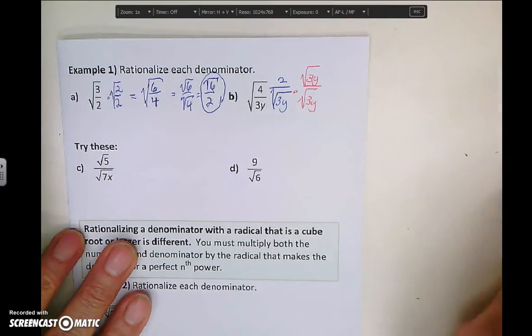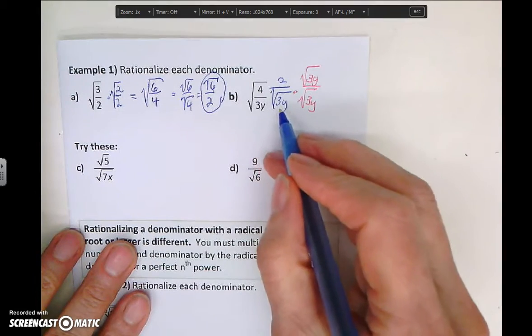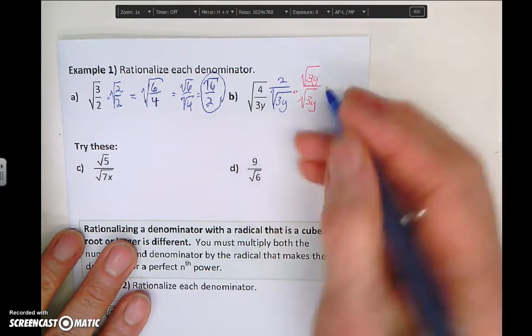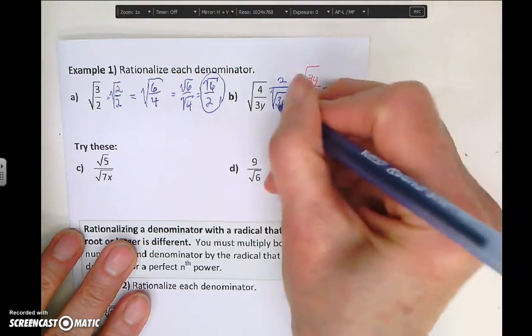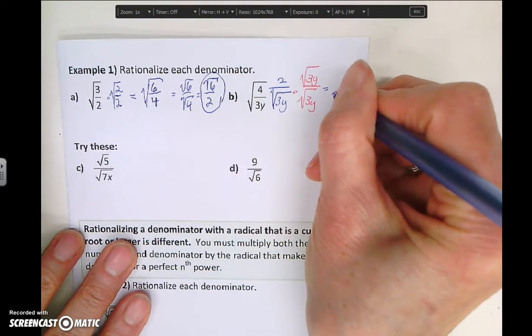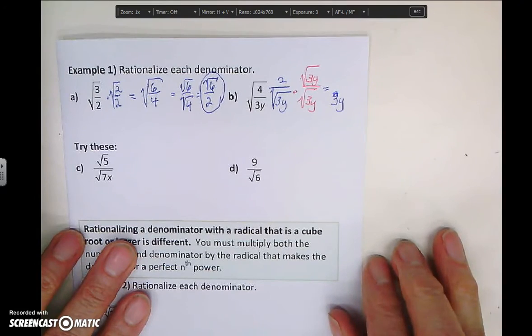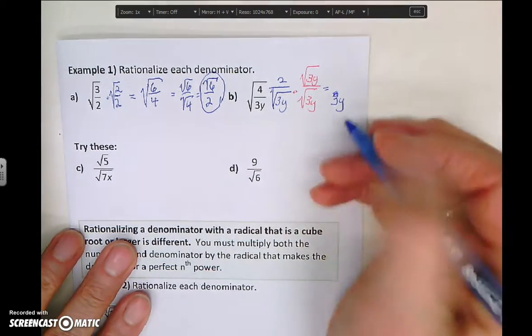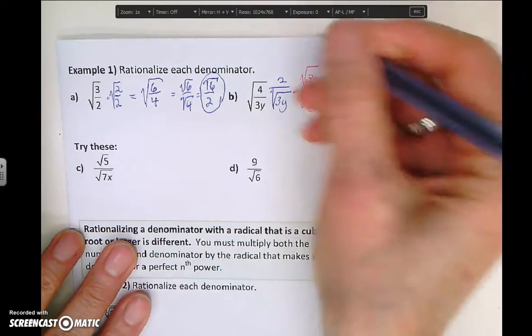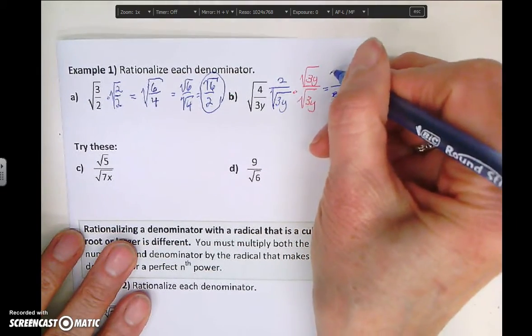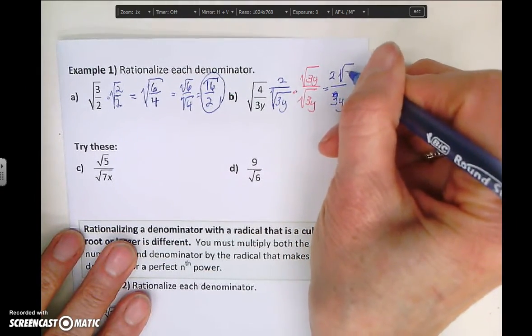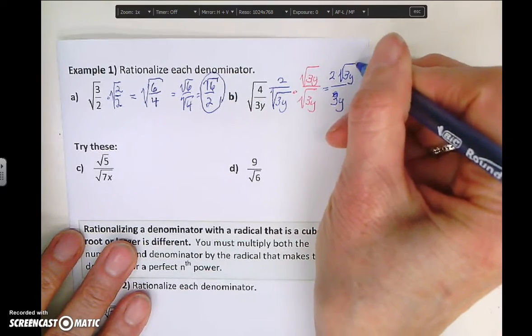over itself like this. So when I multiply a radical times a radical, it's going to make it a square, and I can bring it out. So square root of 3y times the square root of 3y is going to simplify to 3y, no radical. And in the numerator, I have an outside and an inside, so that's going to be 2 square root of 3y.